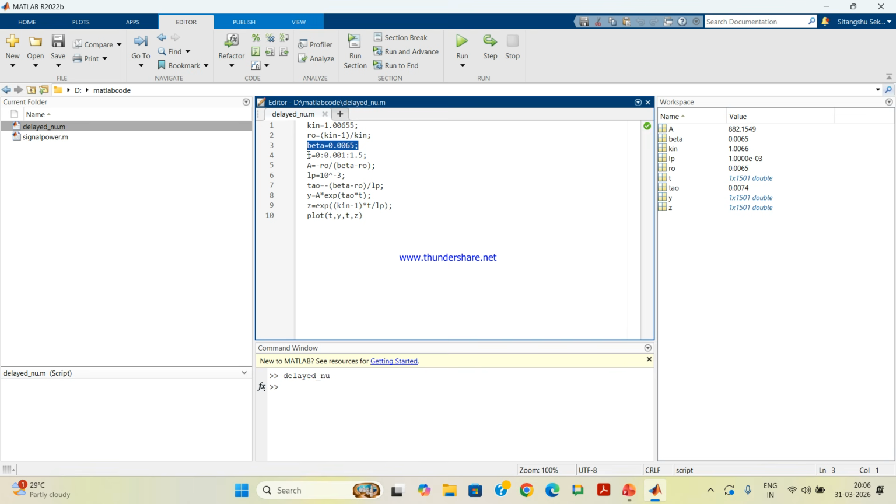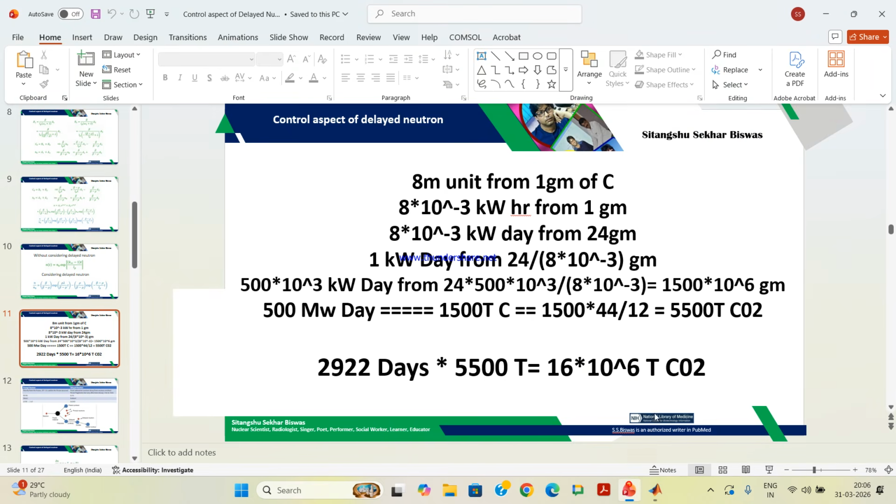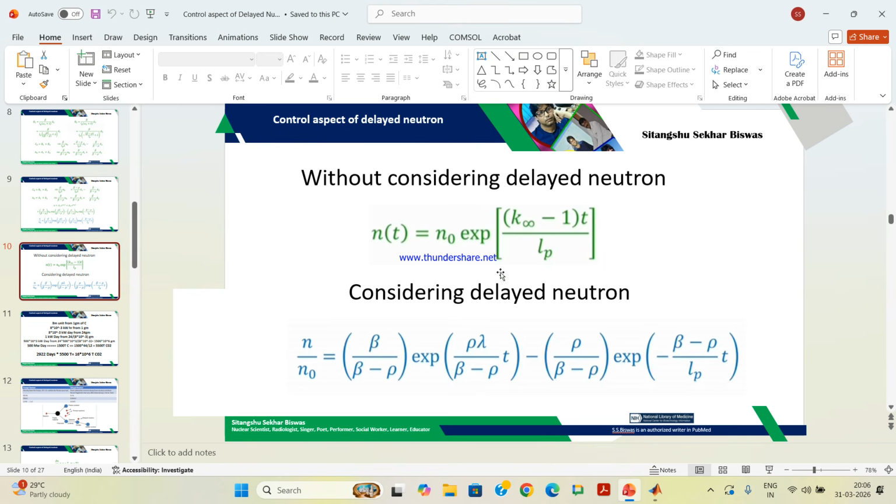I am plotting these two equations: e to the power k infinity minus 1 by lp into t, and minus rho by beta minus rho into e to the power minus beta minus rho by lp t. The first one does not consider the effect of delayed neutrons, but in the second equation we have included the effect of delayed neutrons, and we got the solution.